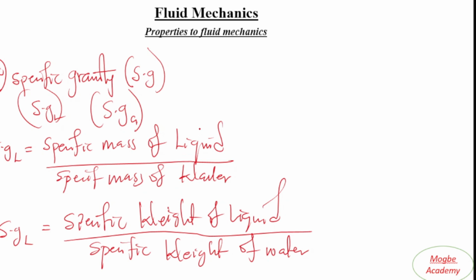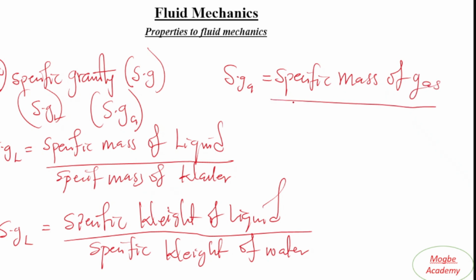What if we are asked to get the specific gravity of a particular gas? Let's say you are given a particular gas and asked to calculate its specific gravity. What formula are you going to use? You basically apply this formula: the specific gravity of a gas is the specific mass of that gas divided by the specific mass of air.